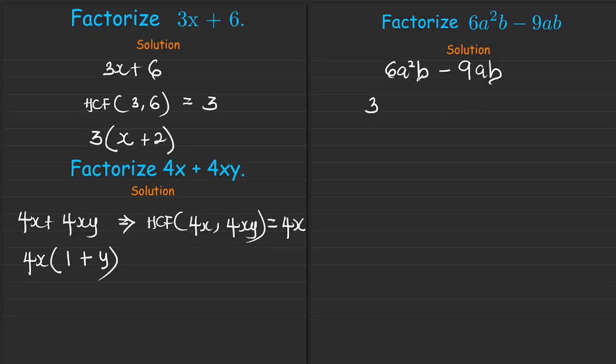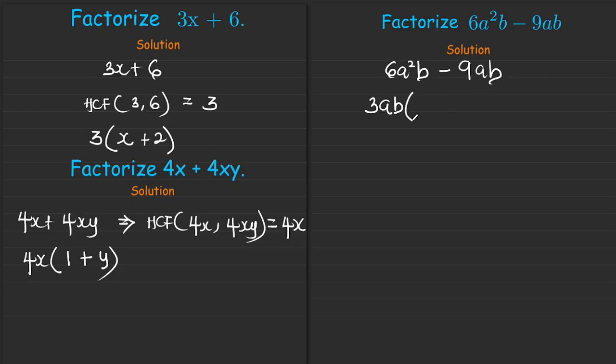Then for the variables, we have a squared and then a here. As we said, you should always take that with the lowest power. So we take our a, then we come to b and then b. So since b is present in both, we'll take just one of them. This becomes our highest common factor of the first term and the second term.